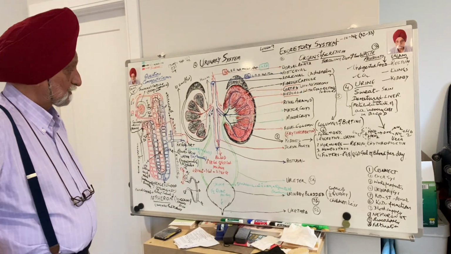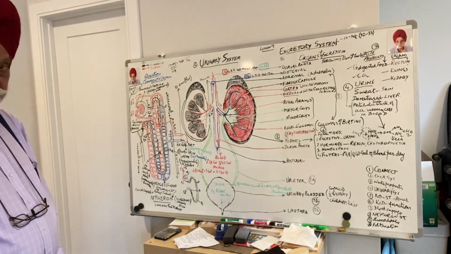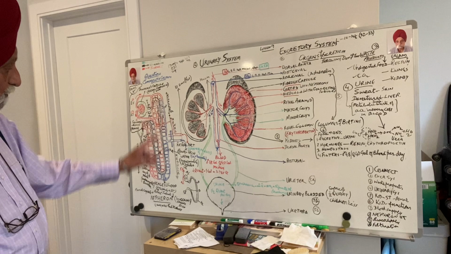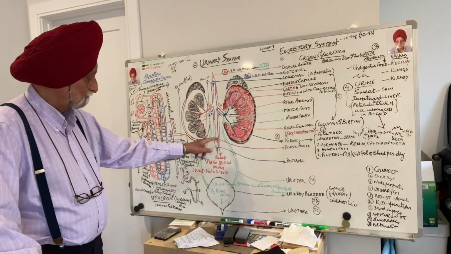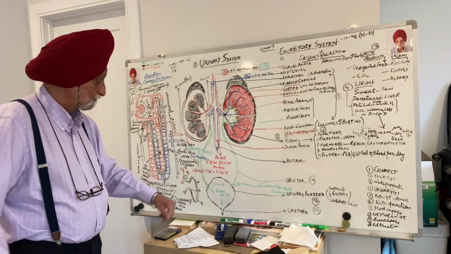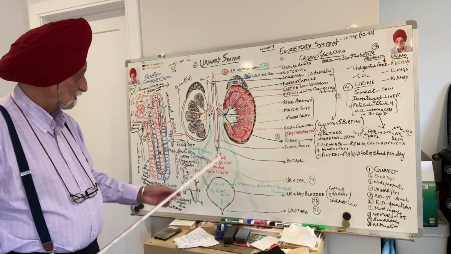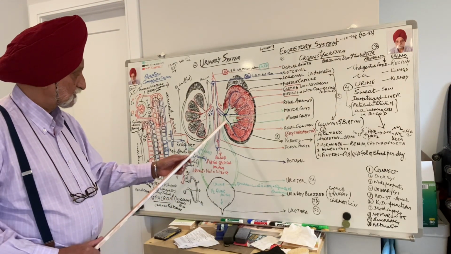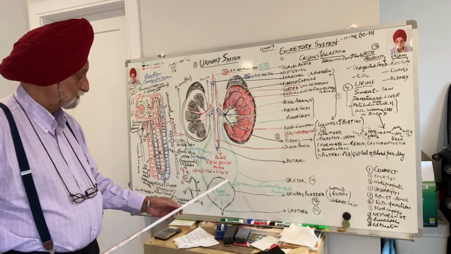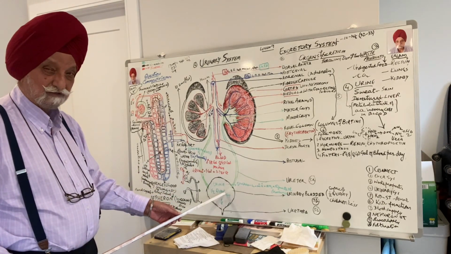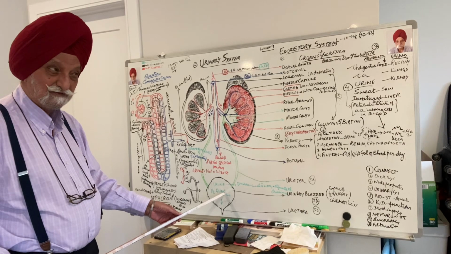Now, the main functions of the kidney. Now, first, then we have a ureter, which opens into the urinary bladder. Ureters are just the tubes reaching from the kidney up to the urinary bladder, which is in the lower portion of the abdomen.